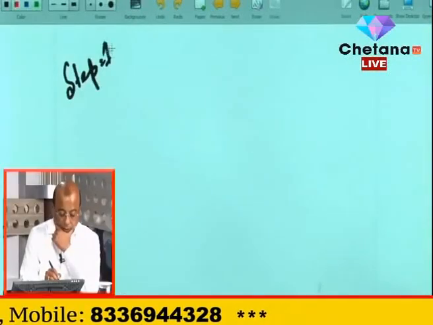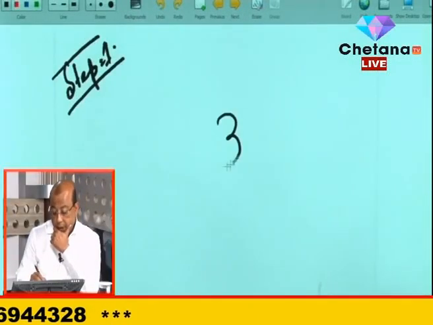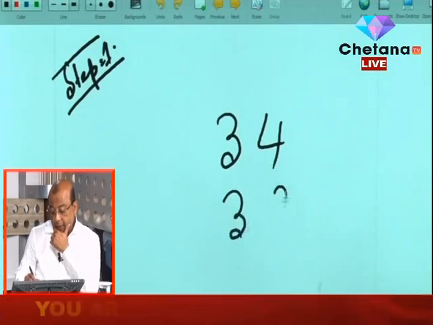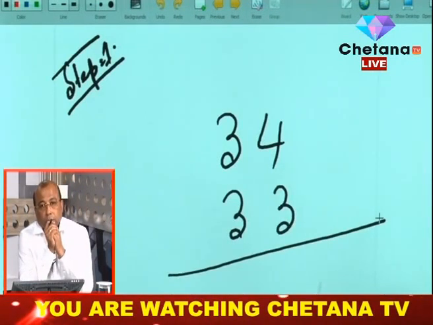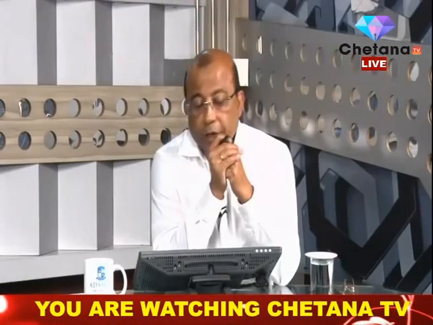Step 1. Solve this problem. 34 and 33. Try to solve this problem, then I will solve the problem. First column straight, 3 into 4, 12, 2 in hand, 2, 1 in hand.